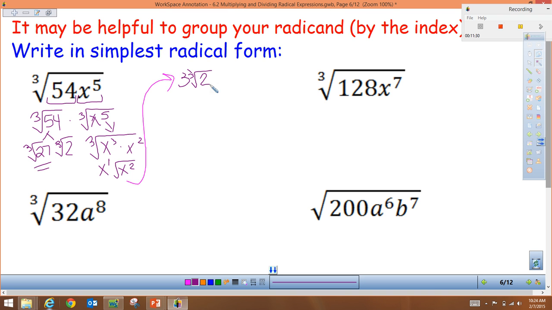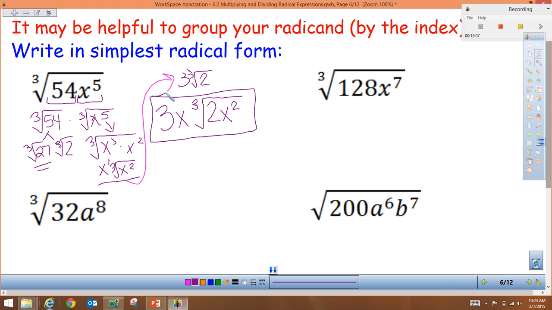And then we have this x to the 1st and the cubed root of x squared. So we have in total 3x on the outside of the radicand, and underneath the cubed root radicand we still have a 2x squared. We'll do a couple more of these in case you got lost along the way. This is going to be our method. There would be your final answer in simplest radical form.